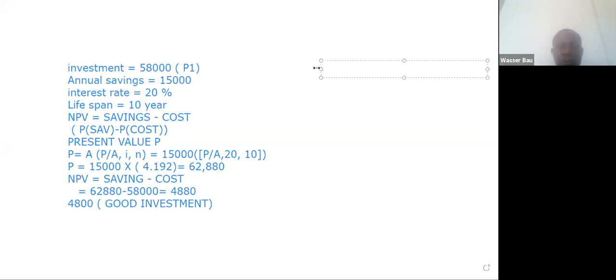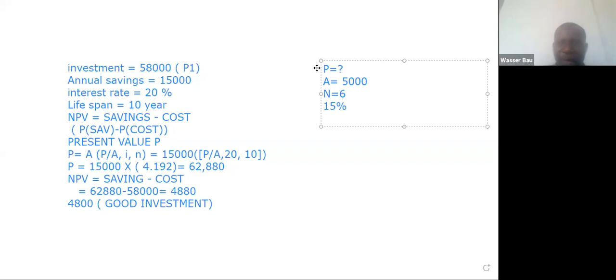So the P is what we don't know. The P is question mark. The savings, which is the A, we know is what? 5,000, isn't it? The number of years is 6 years. And the interest is what? 15%.